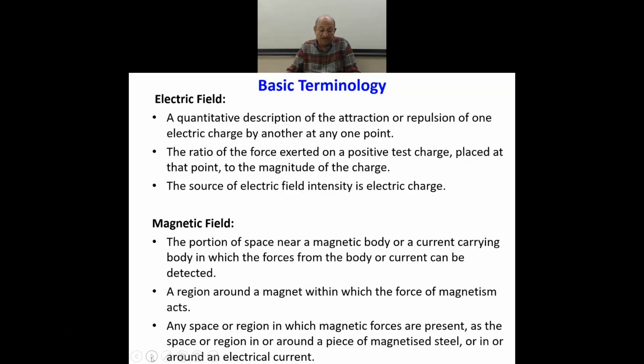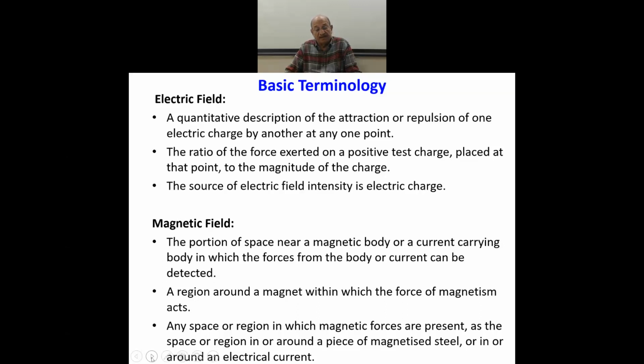Any space or region in which magnetic forces are present, as the space or region in or around a piece of magnetized steel or in or around an electrical current. Once again, as you see, this is around electrical current.